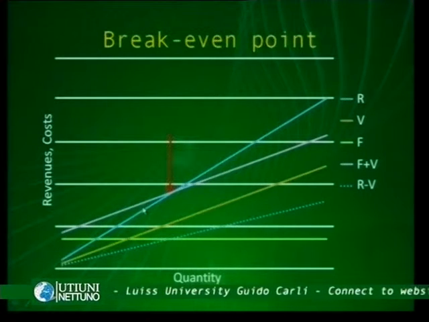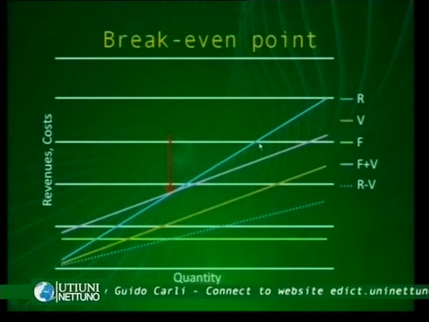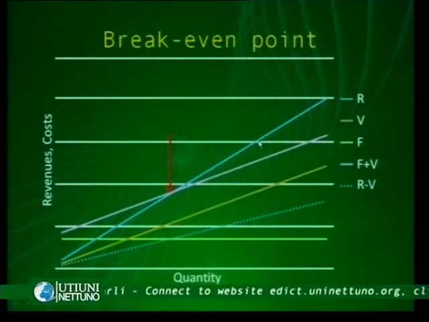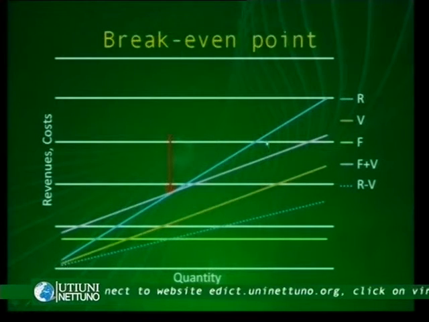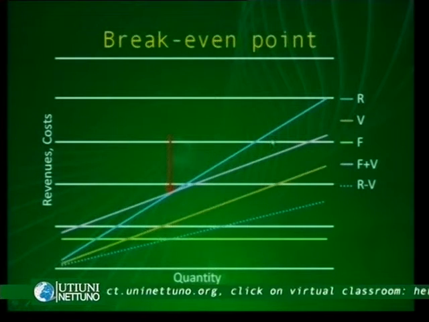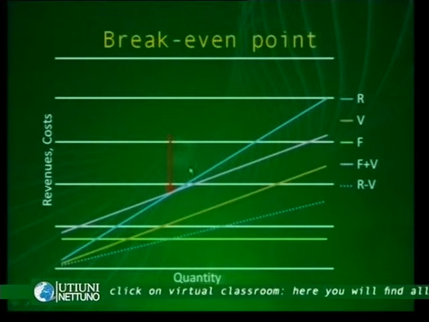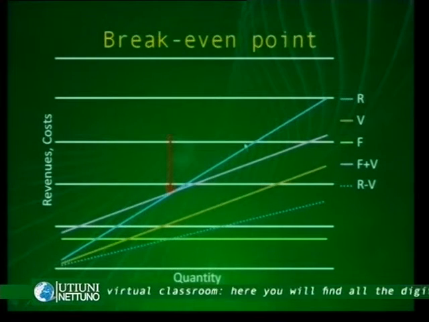So we have an area of loss that is this one. And then we have another area where the project or the firm is generating profits as revenues are higher than costs, and the profits are represented by the difference between the blue line and the purple line. And so we have here an area of profits.